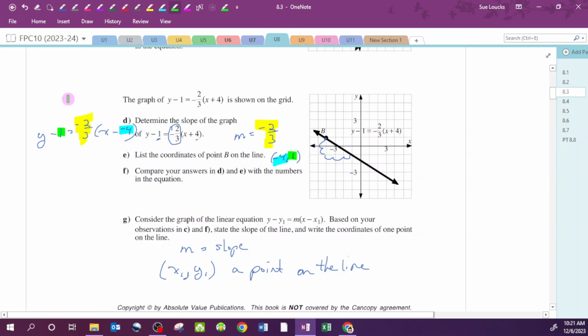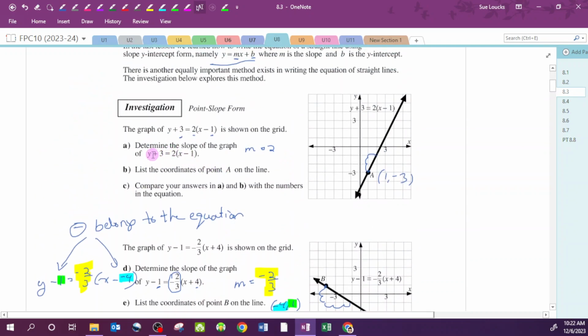So the way I want you to think about this is that these two negative signs, or the minus, belongs to the equation. Okay, so you have to include that in there all the time. That belongs to the equation, and if there's another minus sign, we write it as a plus, but I want you to think of it as minus negative something. Like here, this was minus negative 4. And in this one, this is minus negative 3, which means that it matches the coordinate that we had.